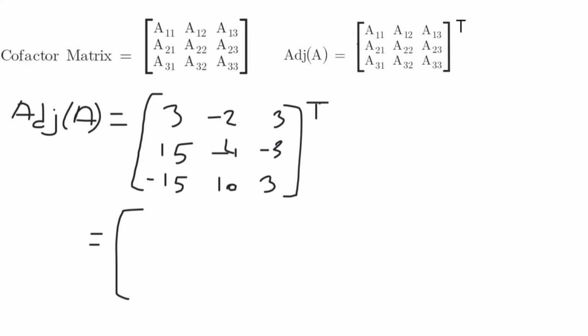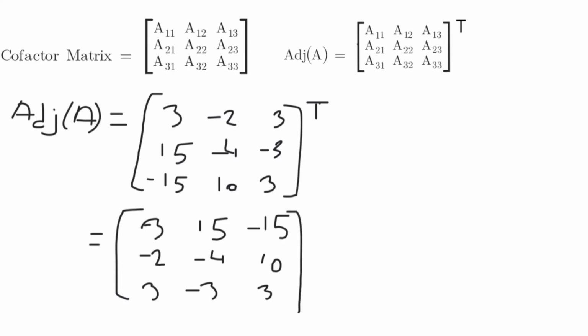So it will be equal to 3, 15, minus 15, minus 2, minus 4, 10, and 3, minus 3 and 3, after interchanging the rows and columns. So adjoint A is equal to this matrix.